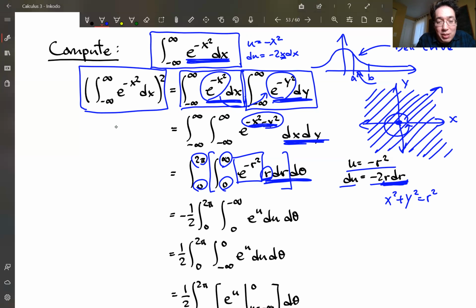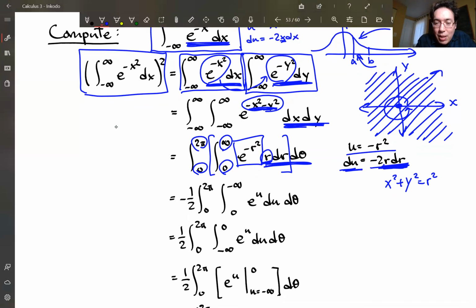But because we have this extra r, r dr is the same thing as du. We have r dr here, which is going to turn into du. And I know there's a negative 2, so we have to make up for it by dividing by negative 2 in the front.